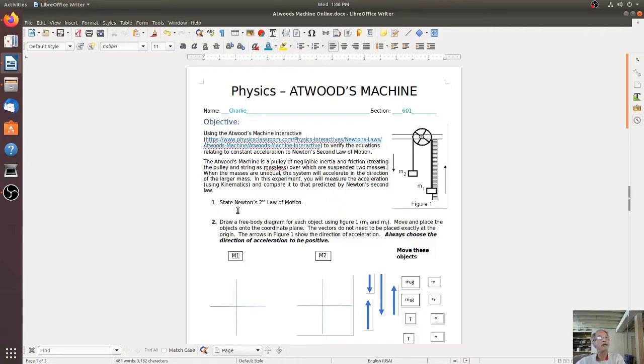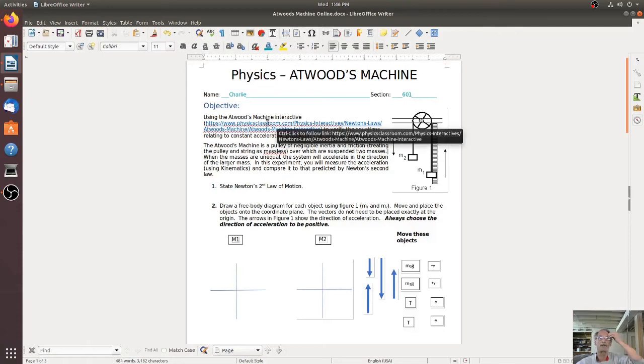And okay, so now here's the website that's going to have the simulation that we're using. This is called Atwood's Machine. It's just two weights, one of them heavier than the other, and a pulley.